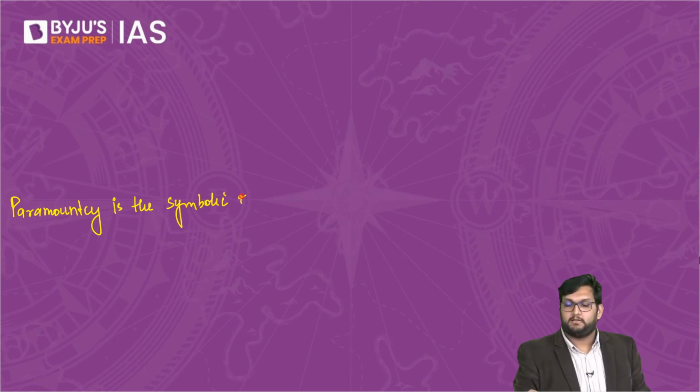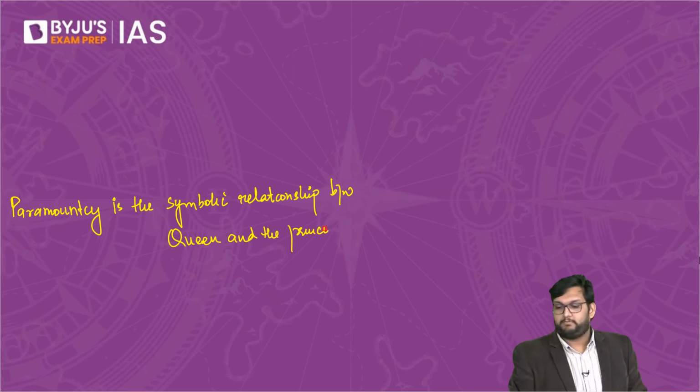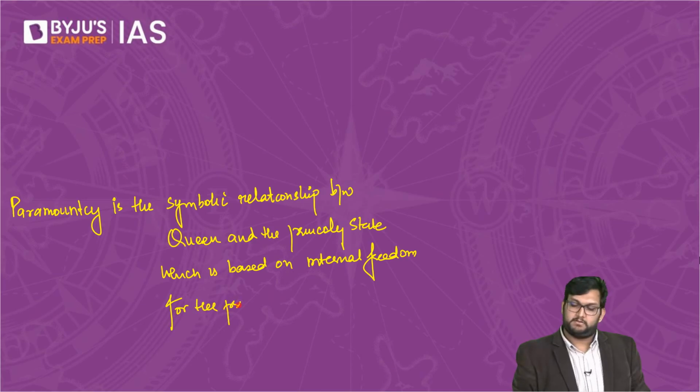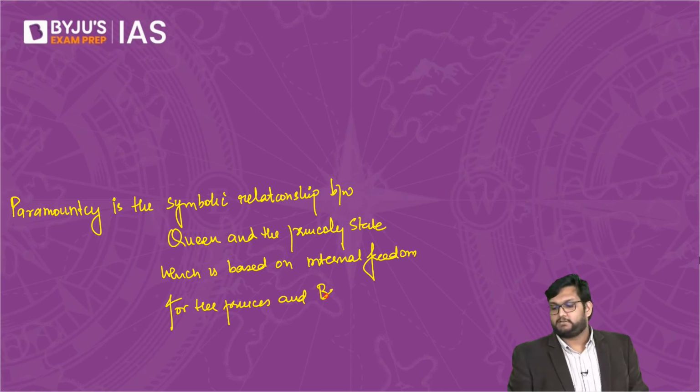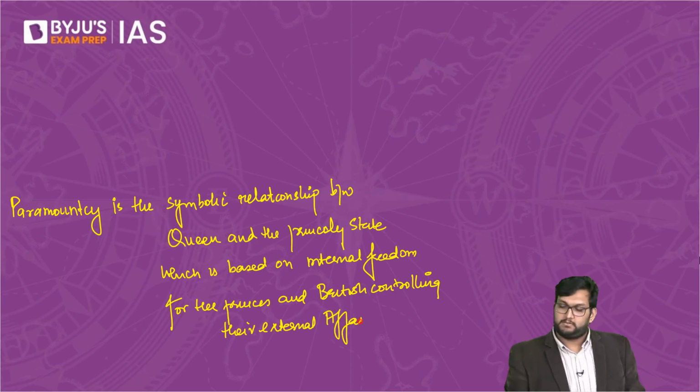Paramountcy is the symbolic relationship between the Queen and the princely state, which is based on internal freedom for the princes and the British controlling their external affairs, defense, and communication.